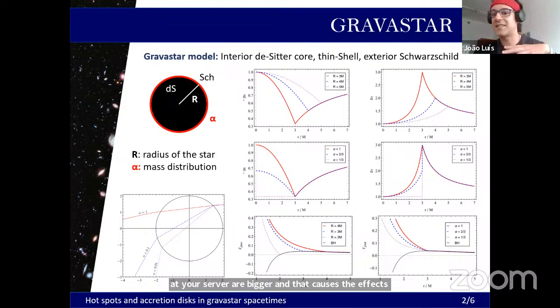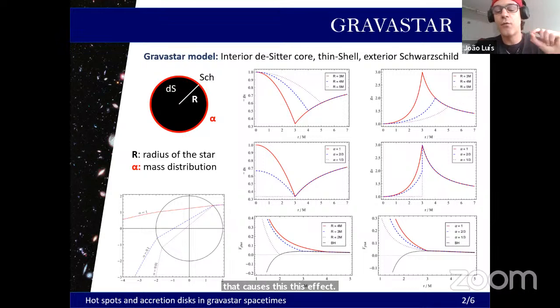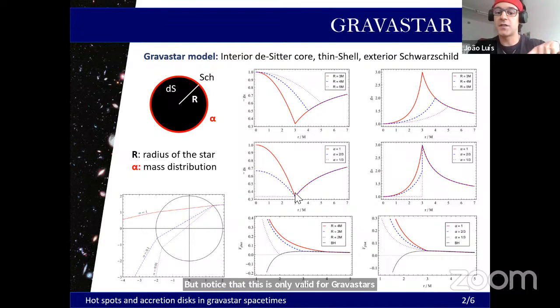So it's not the mass itself, it's the shape of g_tt that causes this effect. But notice that this is only valid for gravastars, because gravastars have a de Sitter interior, and it is the dark energy that causes g_tt to increase back to 1 at the center. Because if you have fluid stars or boson stars, this doesn't happen.